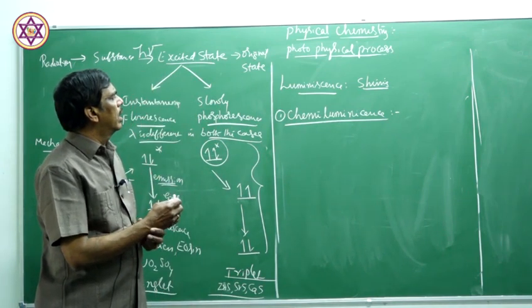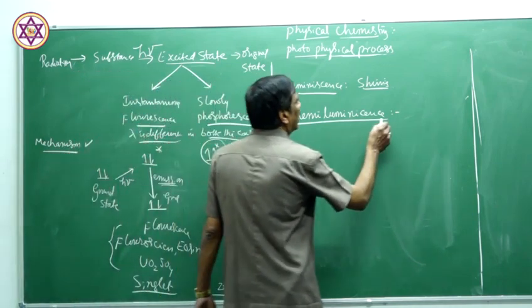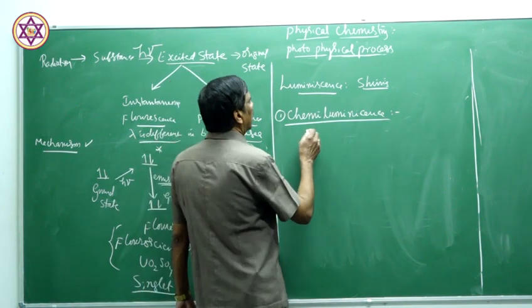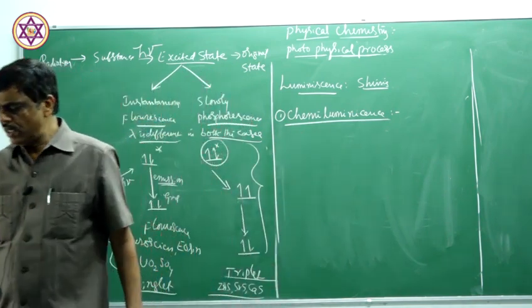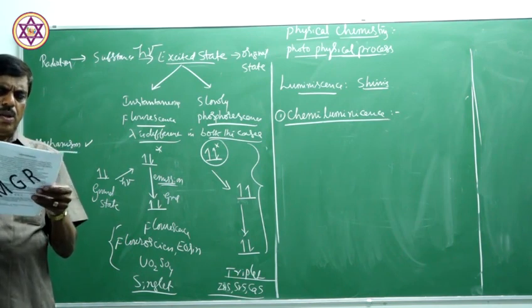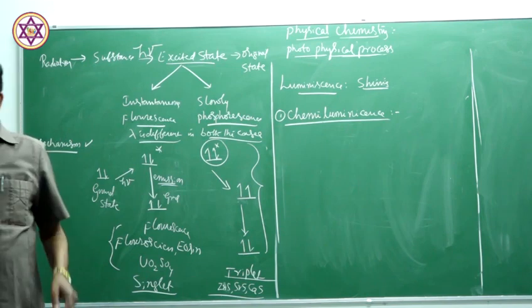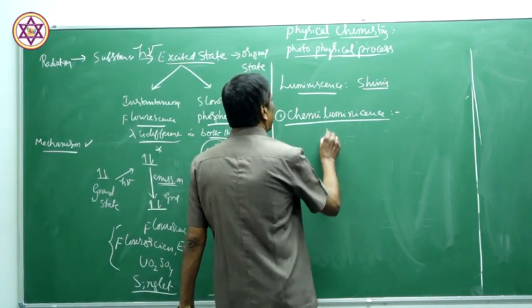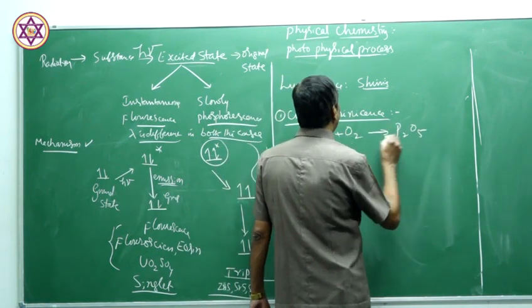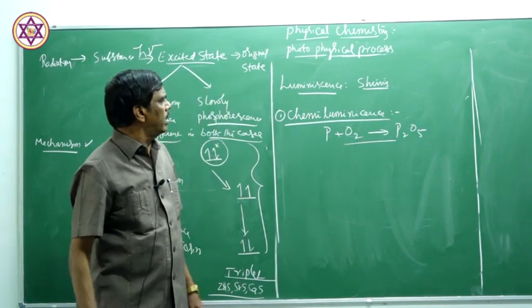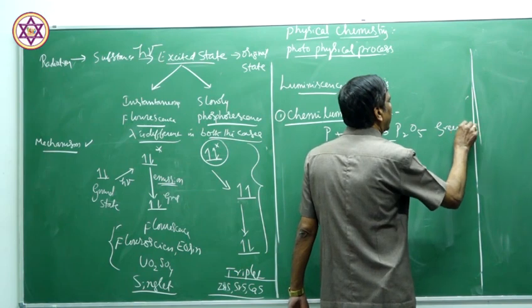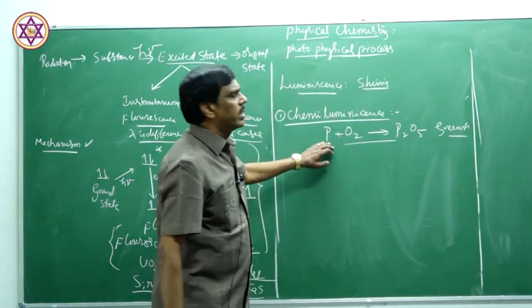One example for chemiluminescence is when oxidation of phosphorus takes place. Phosphorus undergoes oxidation to form phosphorus pentoxide. During this chemical reaction, light will be emitted. A greenish light will be emitted during the oxidation of phosphorus.